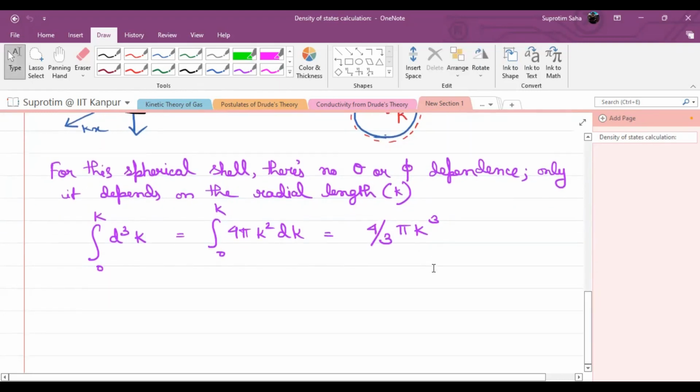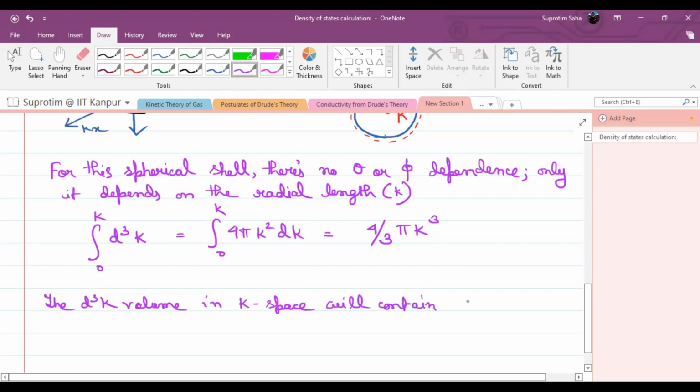The volume of the shell is 4 pi k squared dk. So we are working in k space only, so that the d cubed k volume in k space will contain electronic states.